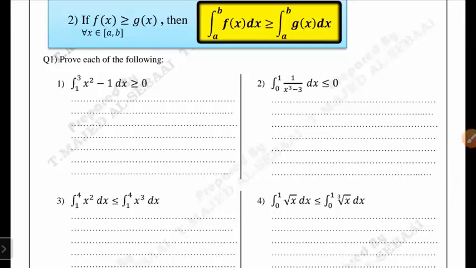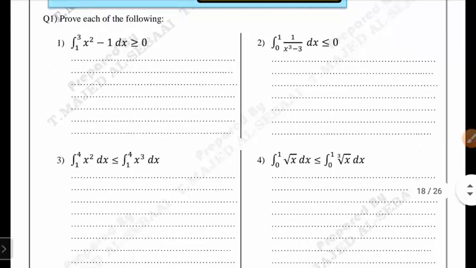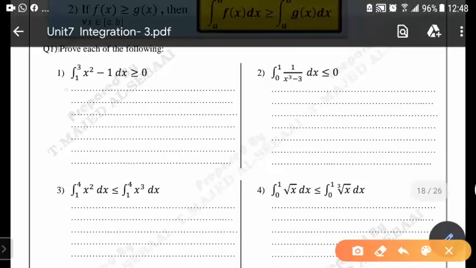See the first example. Prove each of the following. As you can see, the integration from 1 to 3 of x squared minus 1 is greater than or equal to 0.